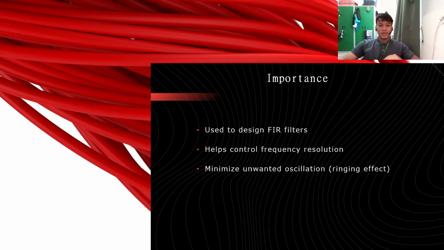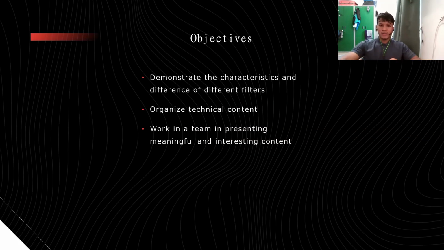Windowing filters also help us shape the filter's frequency response to minimize artifacts like ringing effect, which occur when there are abrupt truncation in the impulse response. Lastly, they are also used in applications like signal smoothing and spectral analysis, making them an important and versatile tool in digital signal processing.